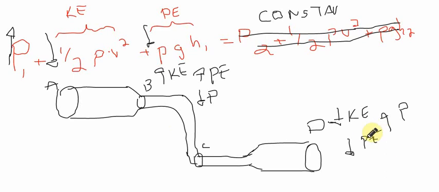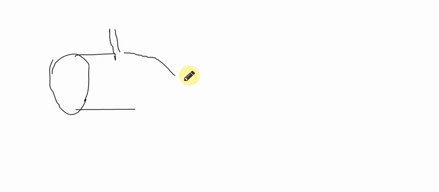And this really is almost what they're talking about when they talk about the Venturi flow meter. Just real quickly, you might see this in your Kaplan book. They have a tube that looks like this, and this tube that's sticking out is just trying to measure the pressure.